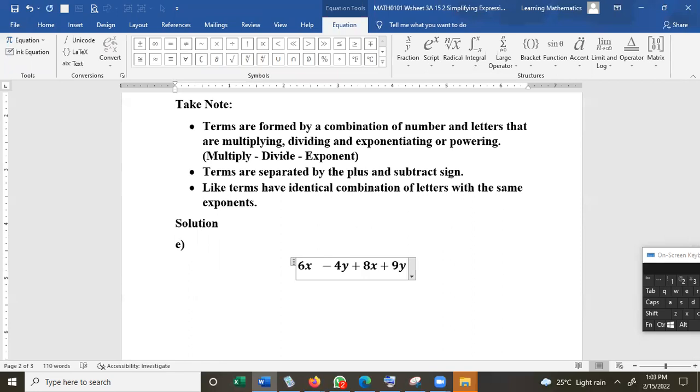Negative 4y is a term. Plus 8x is another term. Plus 9y is a term. Okay, there are 4 terms.